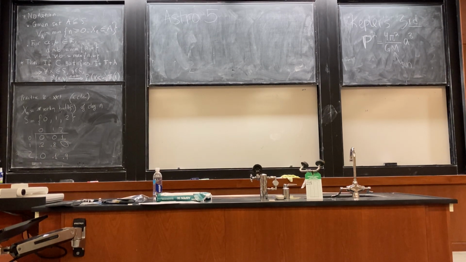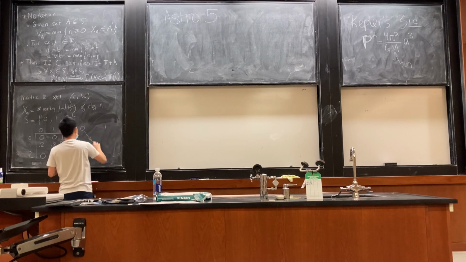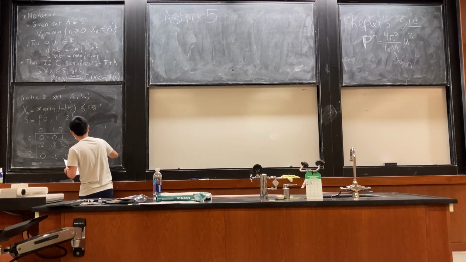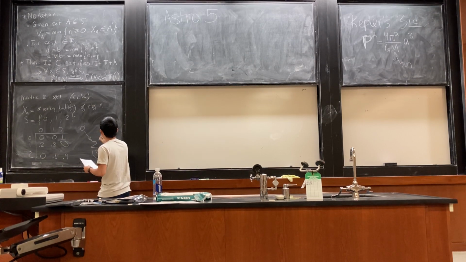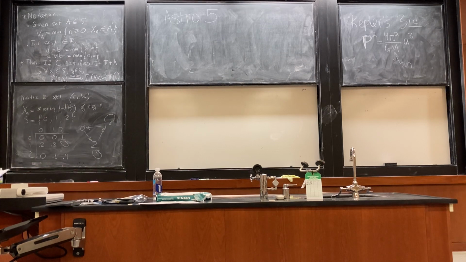So the diagram will be something like 0, 1, 2. 0 goes to 2, 2 stays at 2 or goes to 1, 1 stays at 1 or goes to 0. So it's pretty clear that the chain is irreducible, periodic, and a lot of things you can say about this.